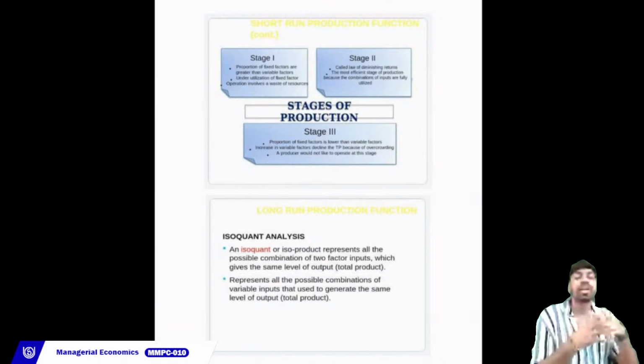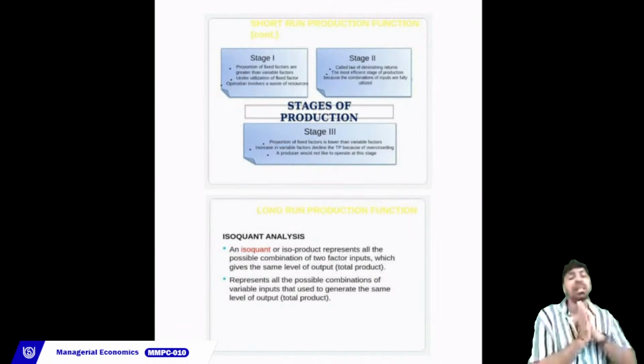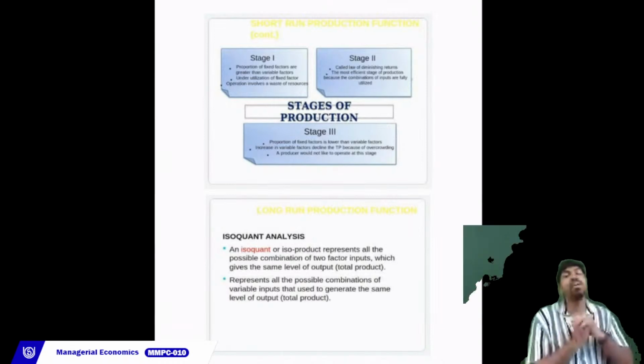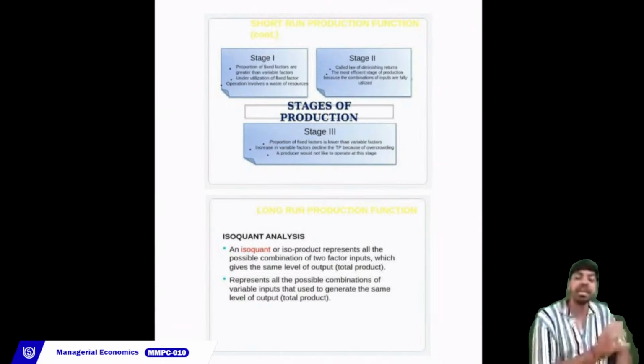What is isoquant? Iso means equal and quant means quantity, that is, the factor inputs. When a manufacturer, an organization, or a researcher combines two factor inputs, both labor and capital, that produce the same level of output, which is also called the total product, that's called isoquant.